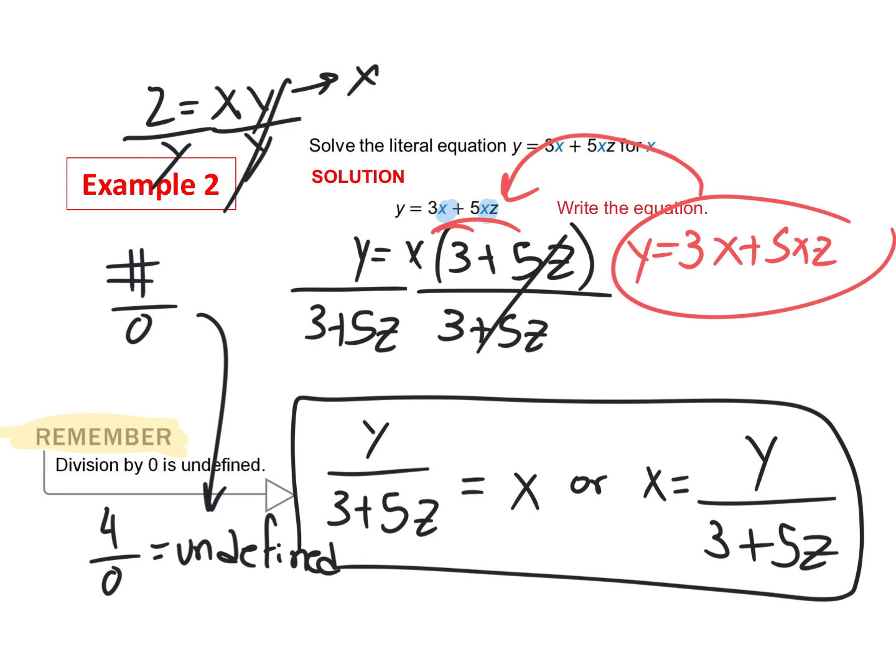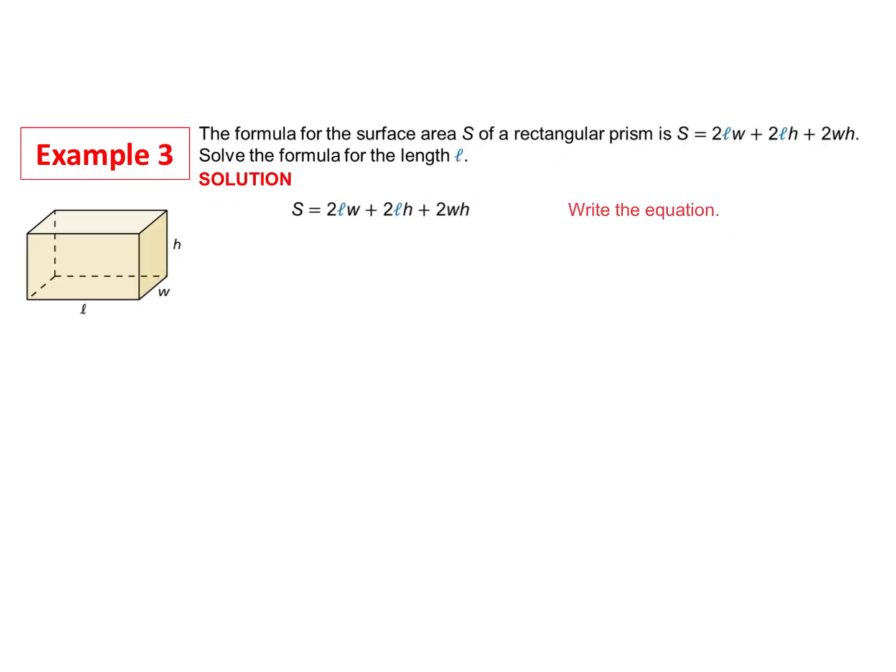Now, example 3, it says, the formula for the surface area S of a rectangular prism is S equals 2LW plus 2LH plus 2WH. Solve the formula for L, which is the length. So if we look at the formula, S equals 2LW plus 2LH plus 2WH, we can see that we have an L here and an L here, but not on the last one.